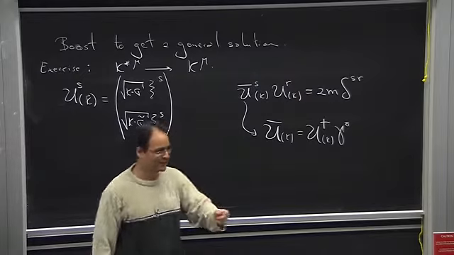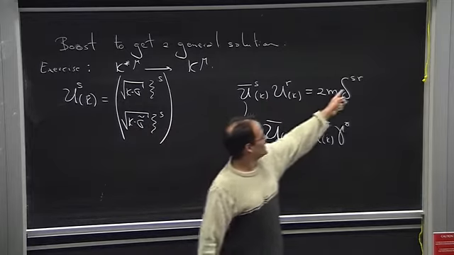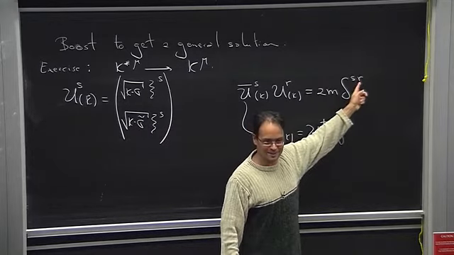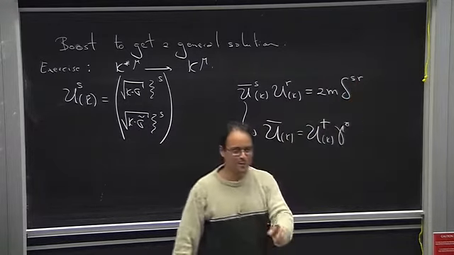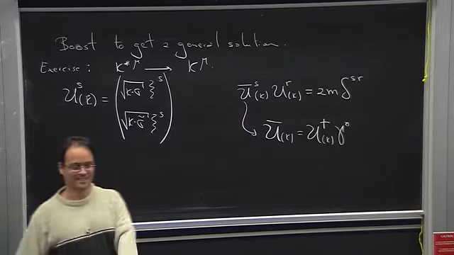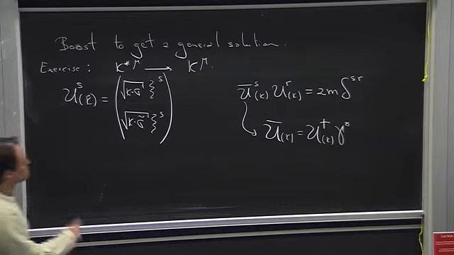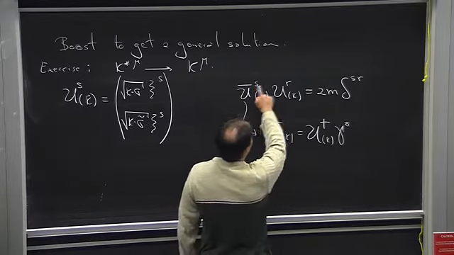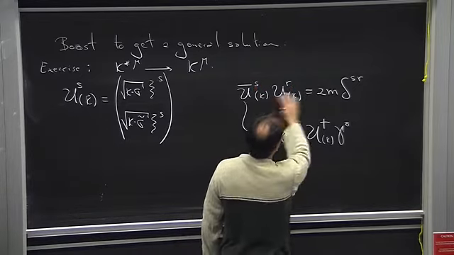Excellent. That was a trick question. It's actually a matrix because it has delta S. But for fixed R and S, it's a number.